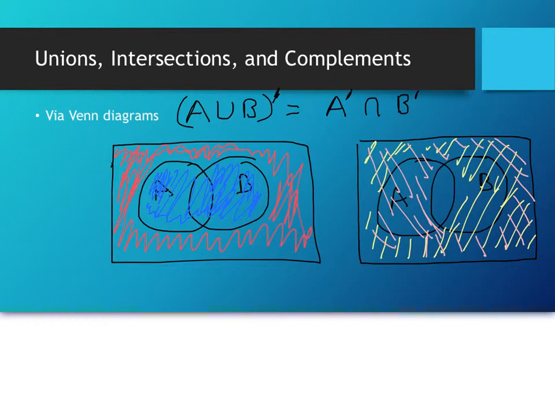So we see that where they overlap is just outside of the two circles. Right? So what's inside those two circles is not in this set. So we can clearly see that Venn diagrams show us that we get the same region in either case.